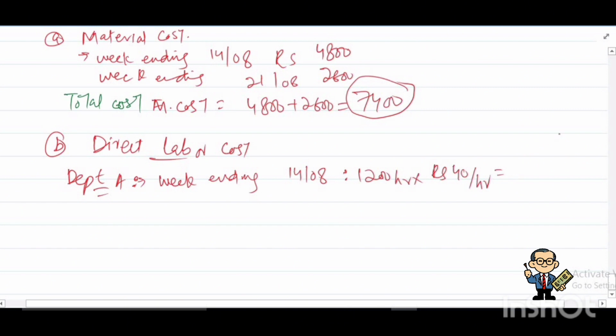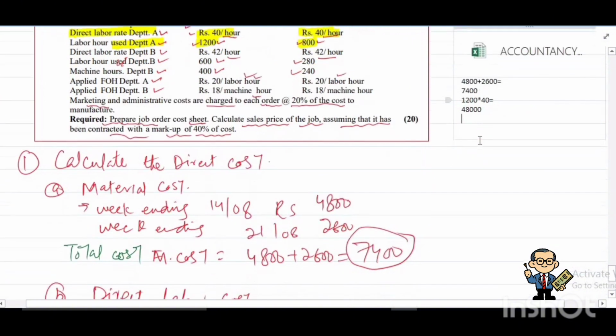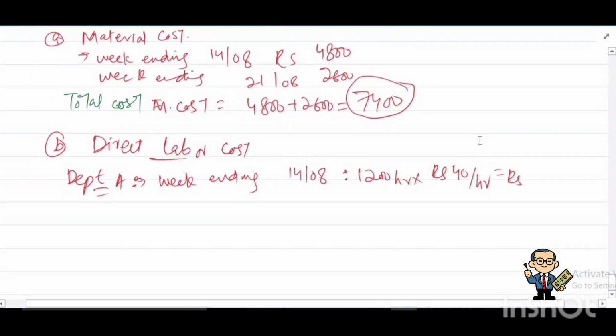So the amount will be 1200 multiplied by 40, and we have 48,000. So I'll write here 48,000.